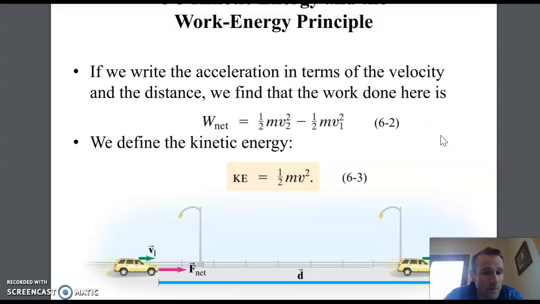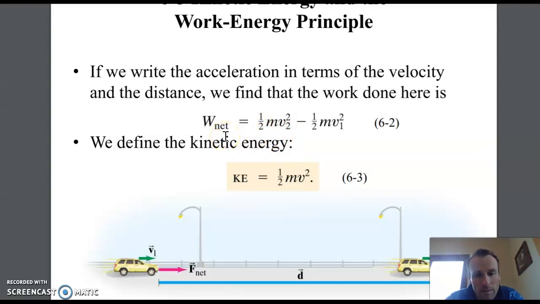And if we have an acceleration, then we would definitely expect to have some sort of kinetic energy. And net work is the change in our kinetic energy. So if we have a final kinetic energy and an initial kinetic energy, that change in kinetic energy is going to be equal to the work that's done on the object.